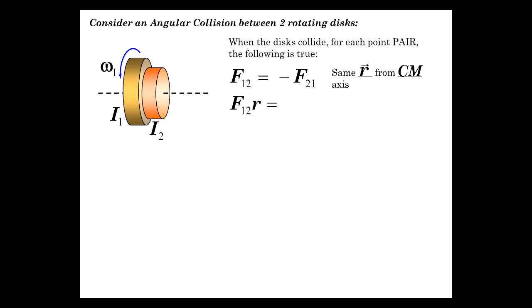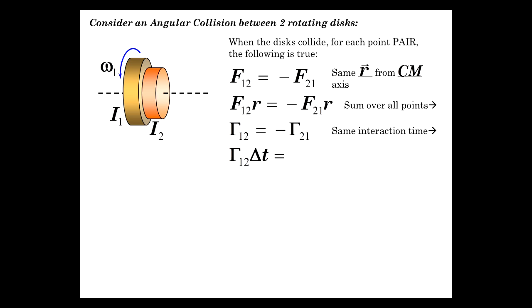If you multiply through by r, then it's the same r, same vector, same magnitude of that vector, so F12 r is equal to minus F21 r. Sum over all the points, and you have the actual torque. Torque of 1 on 2 is equal to negative torque of 2 on 1. The time during which these forces interact is the same by definition, so multiply by delta t.